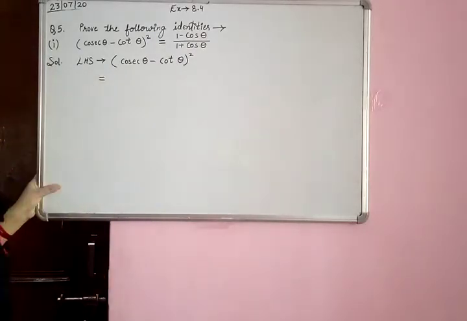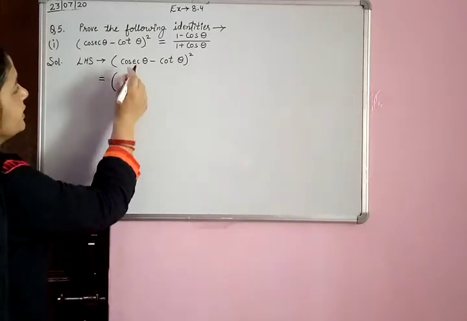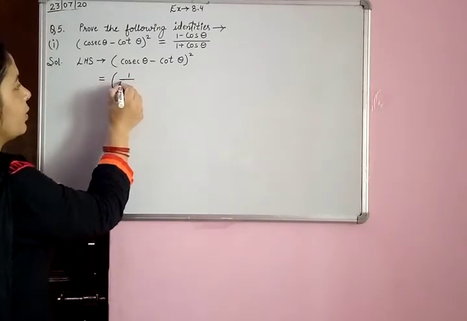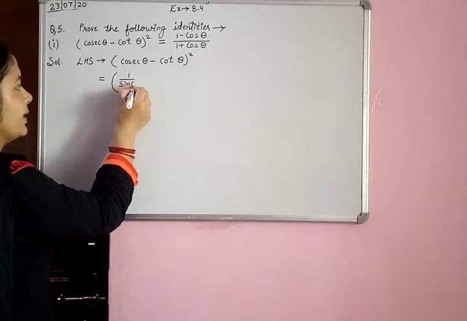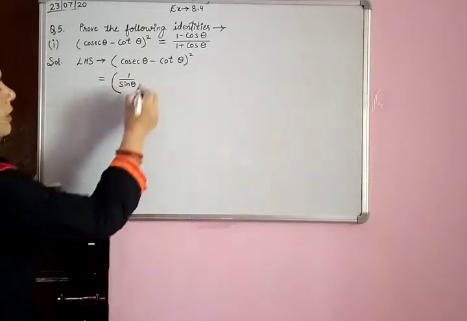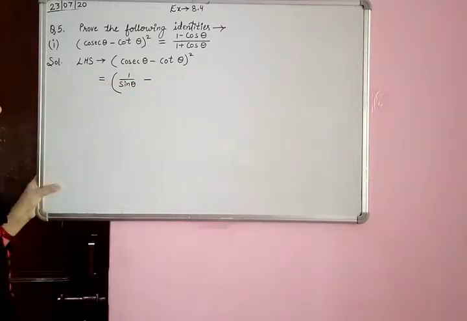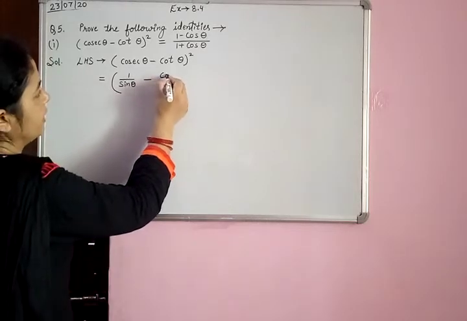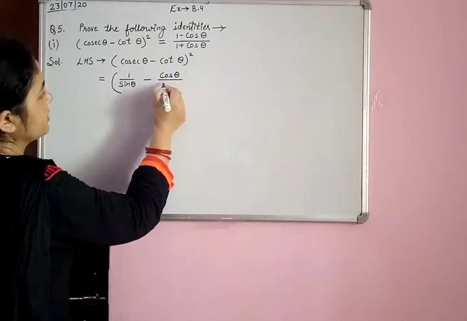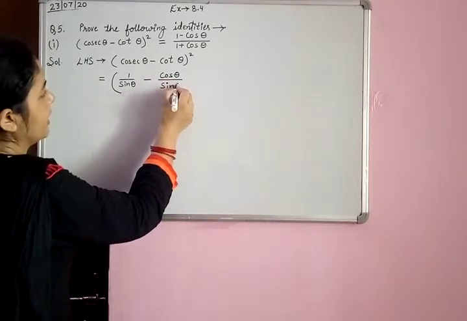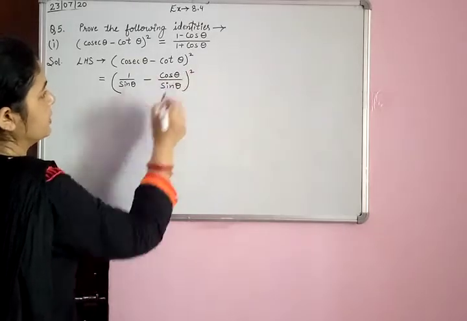Here I can write cosec theta as 1 upon sin theta by reciprocal identity, minus cot theta. We know that cot theta is equal to cos theta upon sin theta, and whole square.